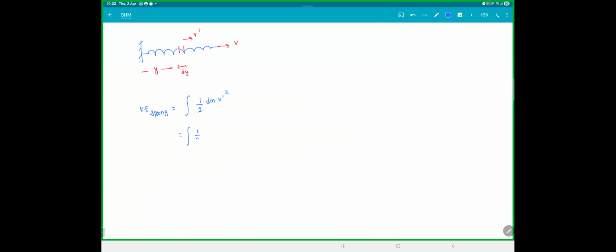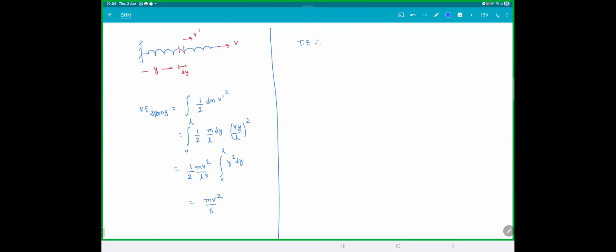This would be half, mass of the spring by length into dy. v dash will be v y by L, whole square, 0 to L. This would be half mv square by L cube, integral y square dy. This is mv square by 6. That is the catch. So the kinetic energy of the spring is half mv square by 6, right? And then you are done.